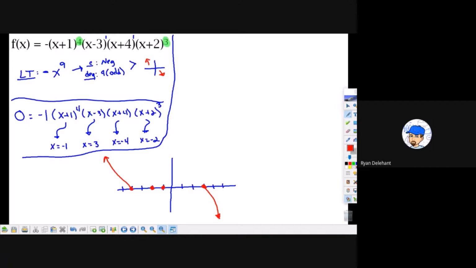You're either going to be above the y-axis or below the y-axis in those ranges. And you have 2 options at each x-intercept. You can touch the x-axis and bounce off of it, or you can go through it. A lot of this is trying to discover why we're bouncing sometimes, and you'll see that in the end graphs and as you progress through some of your practice for today's work. So let's build our sign chart and see what happens.